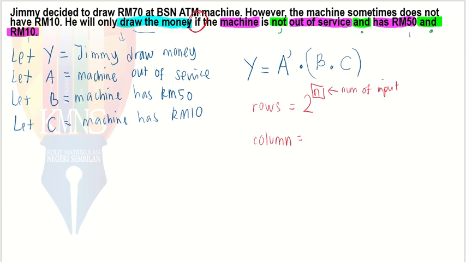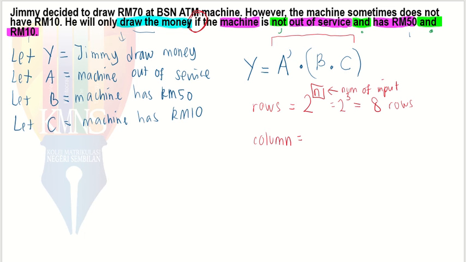Over here the inputs are represented by different letters. So the input will be A, B and C. Basically you have 3 inputs. So this is equivalent to 2 to the power of 3, you get 8. So basically the number of rows for the output will be 8 rows. Okay, this one excluding the header.